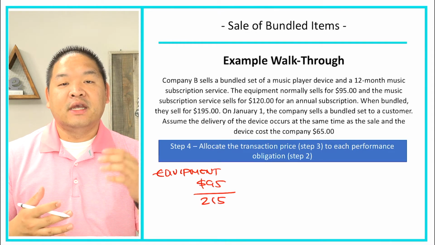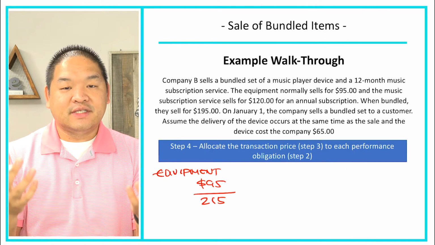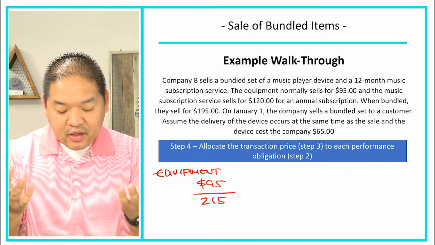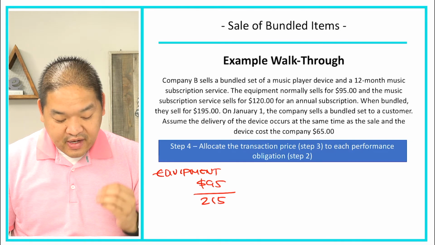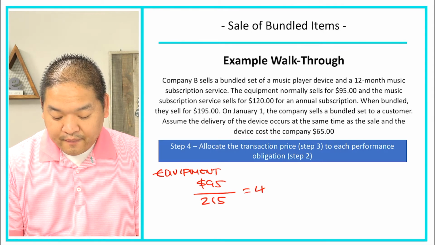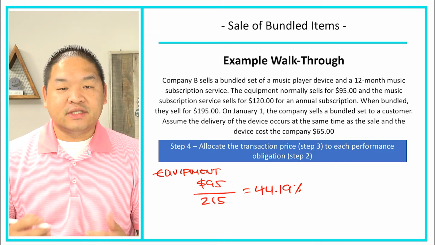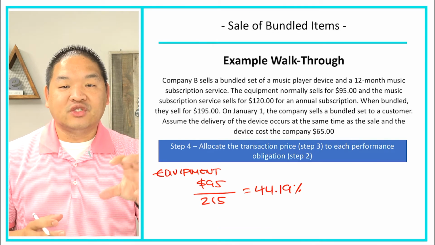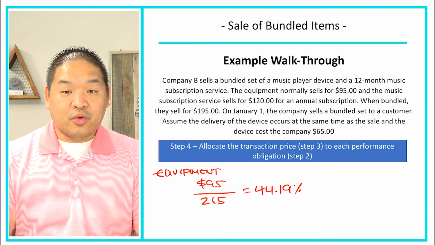If you were going to buy the equipment and the subscription services individually, together that would be $215. So $95 divided by 215 gives me a percentage of 44.19%. So 44.19% is what that device is worth to this entire bundle's retail price.